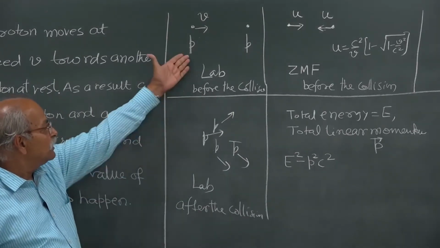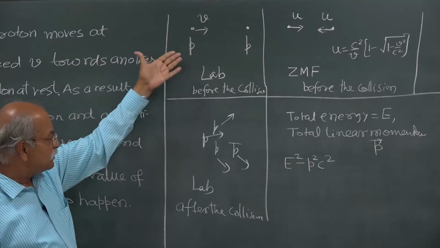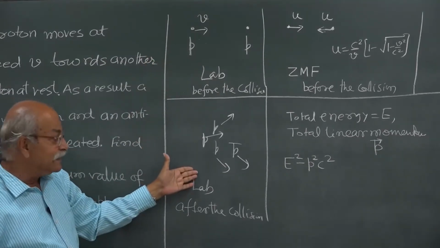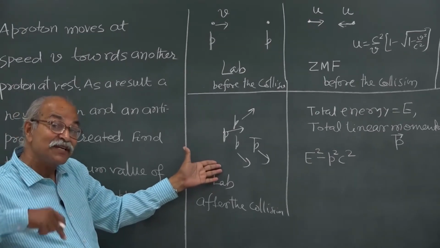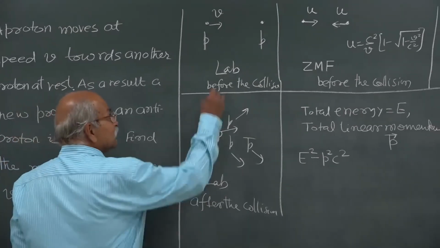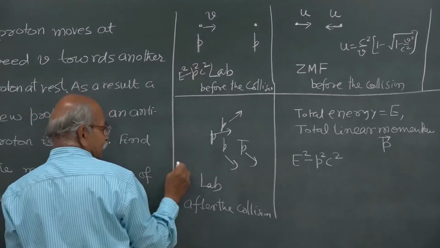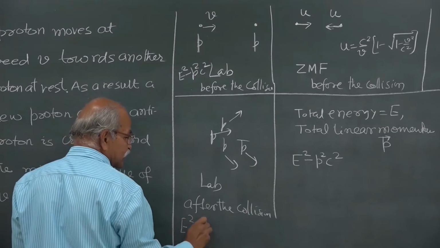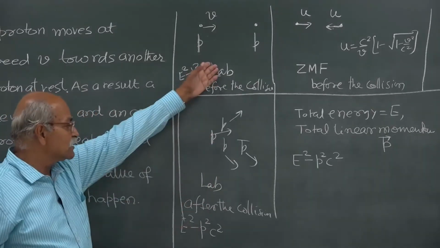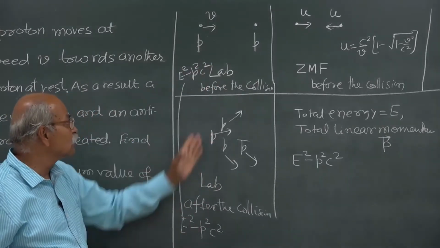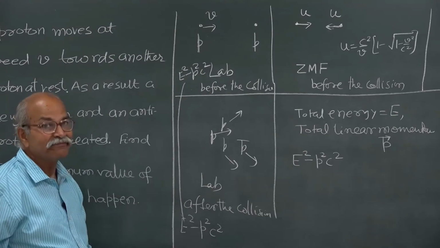If I go from the lab frame before the collision to the lab frame after the collision, E does not change, P does not change because of the law of conservation of energy and momentum, and therefore this E square minus P square c square here and this E square minus P square c square here must be the same. Before the collision and after the collision, the total energy and total momentum do not change, and therefore this quantity will remain the same.